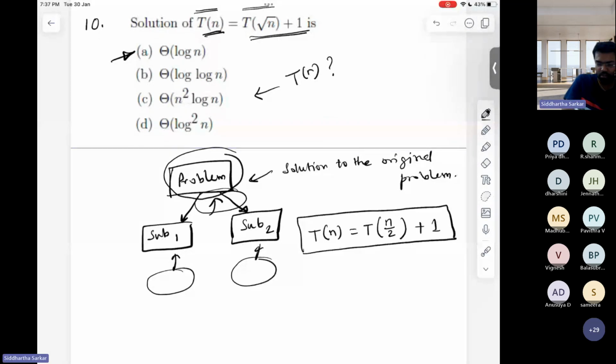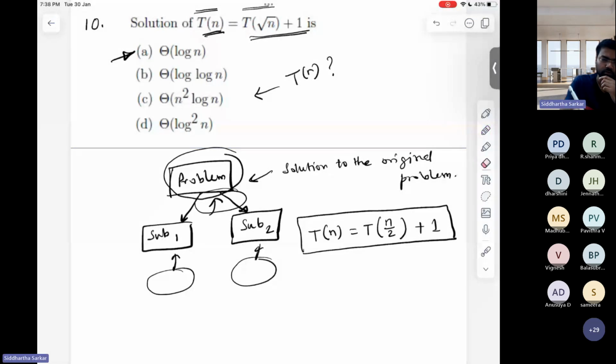So now if you want to solve this recurrence, there is a problem of size n. You have a problem; its size is n.